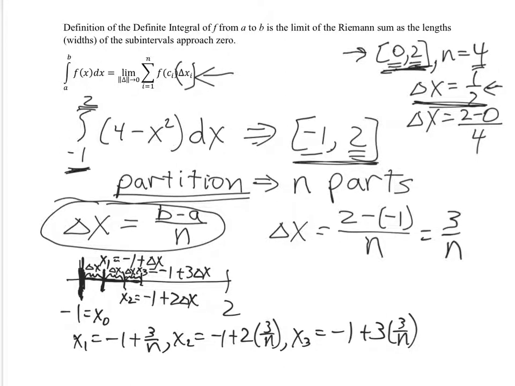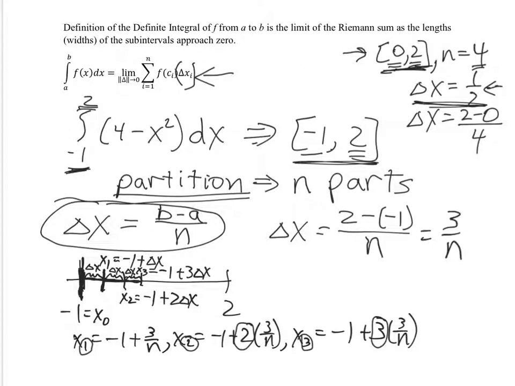Now, are you maybe seeing a pattern here? Look at our subscripts: x sub 1, negative 1 plus 3 over n. X sub 2, negative 1 plus 2 times 3 over n. X sub 3, negative 1 plus 3 times 3 over n.